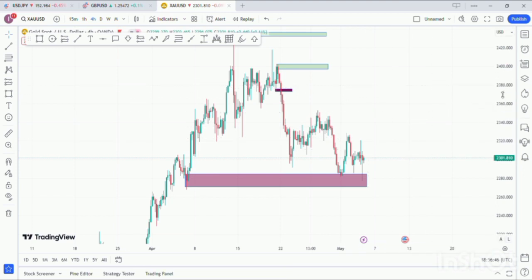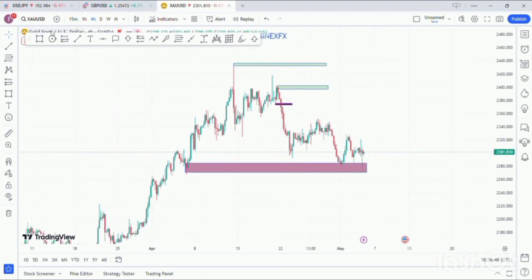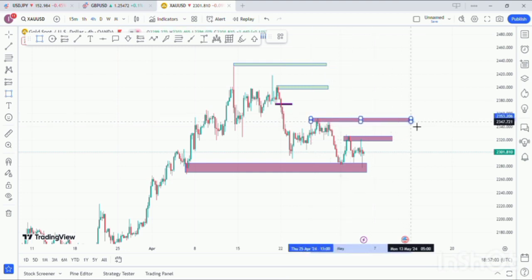I'm just going to be marking out a few zones that we're expecting XAUUSD to respect or even break out from, on the 4 hours time frame. So for XAU, we'll be expecting movement to the upside to the next resistance zone, of which I'm going to be marking out right here.